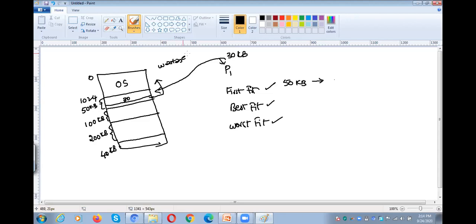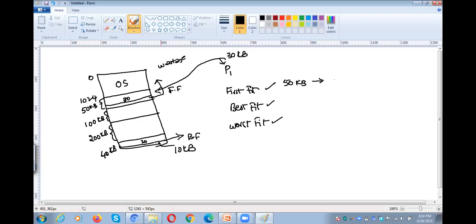Then what about best fit? Best fit chooses the 40 KB partition, so the internal wastage is 10 KB. What about worst fit?